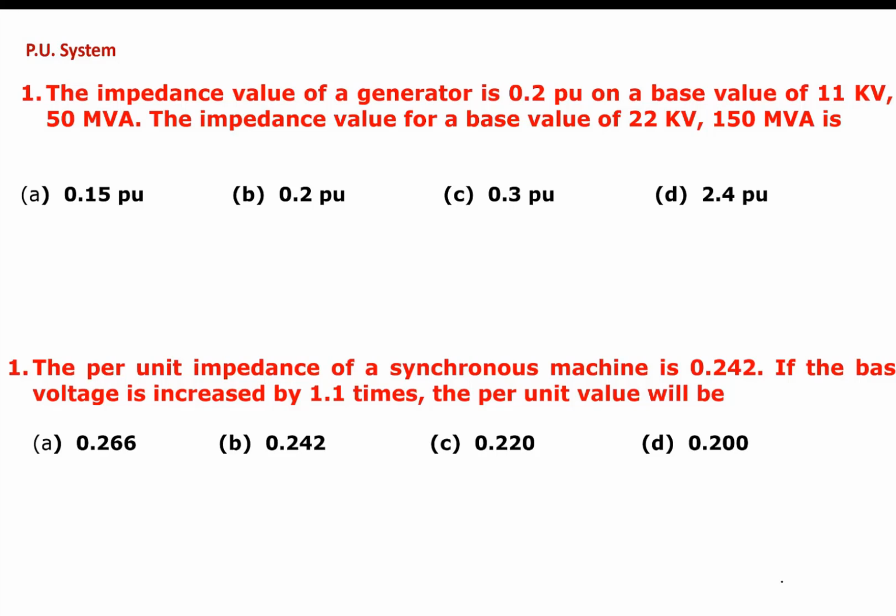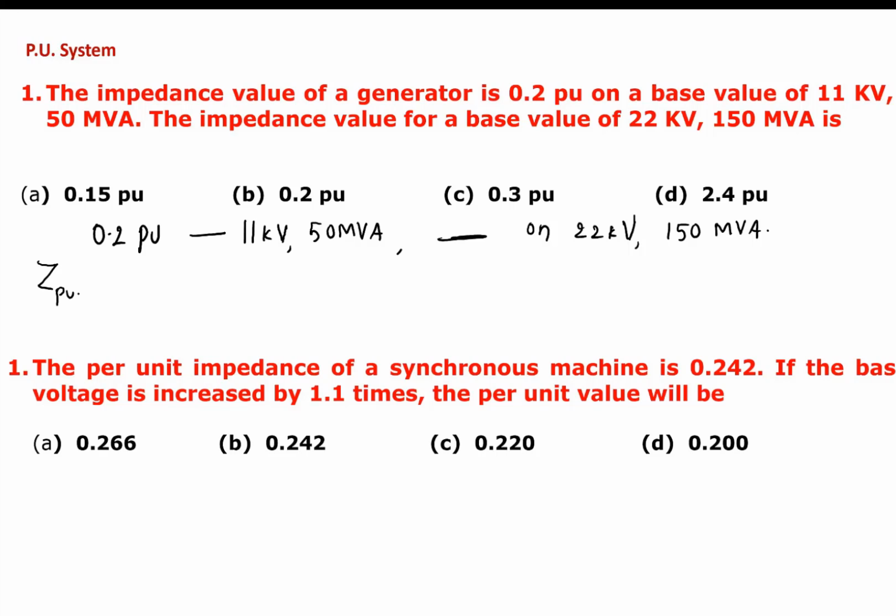So he gave 0.2 per unit as the per unit impedance of a generator on a base of 11 kV and 50 MVA. So now we need to calculate the per unit value on a base of 22 kV and 150 MVA. So which formula we have to use?